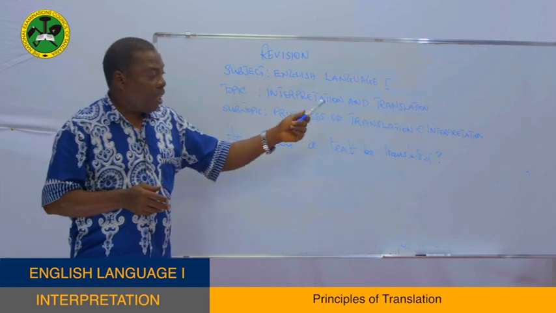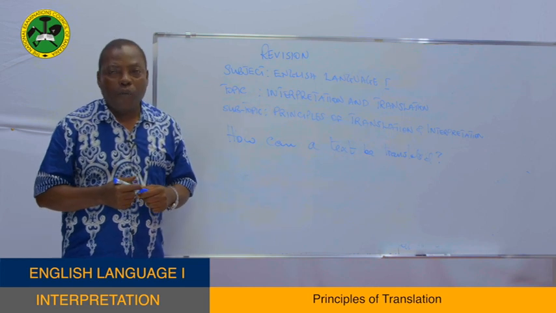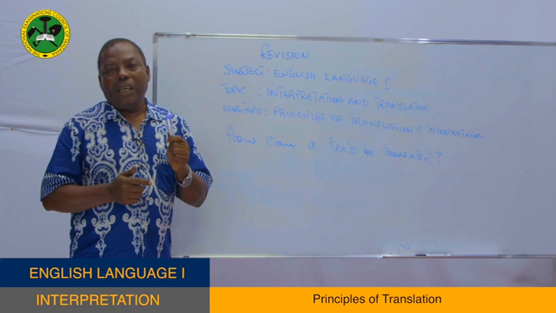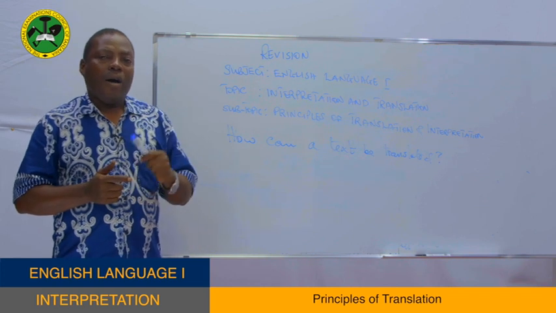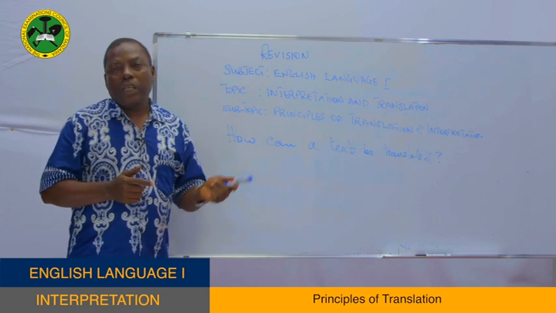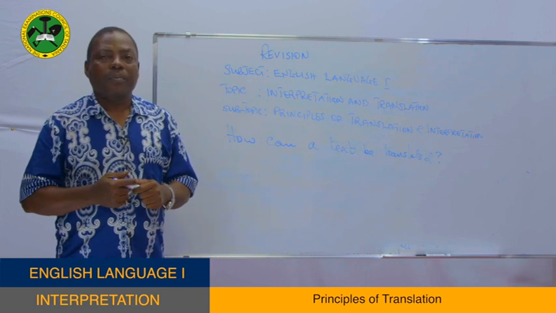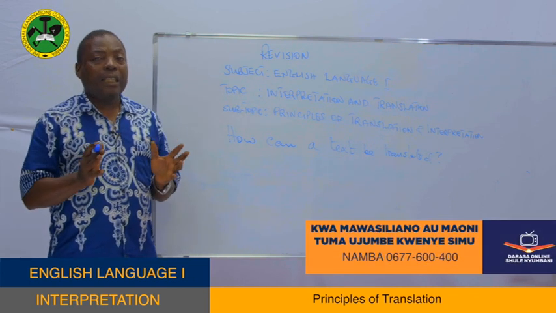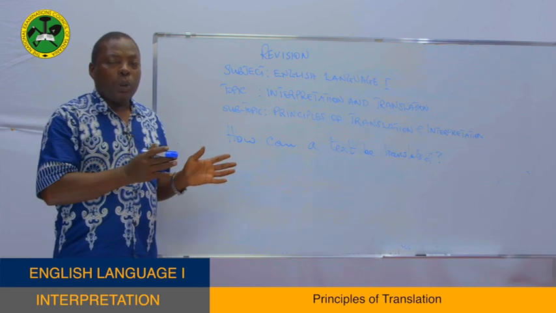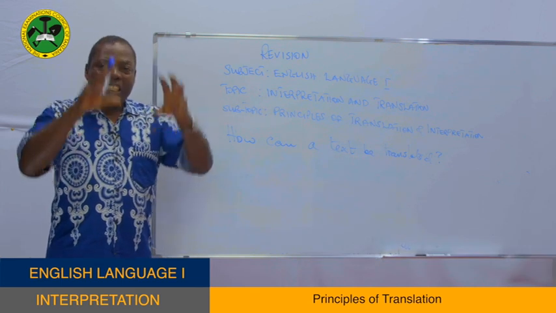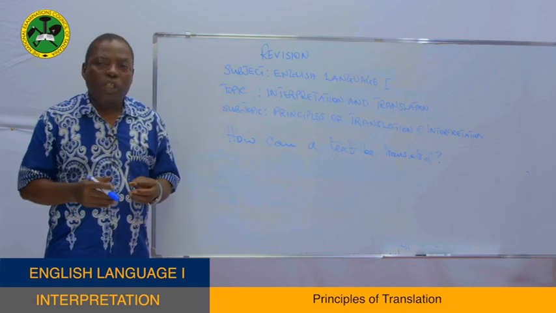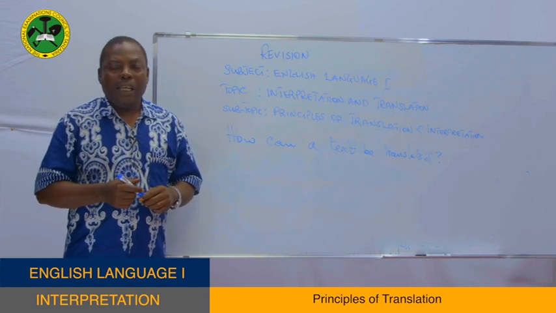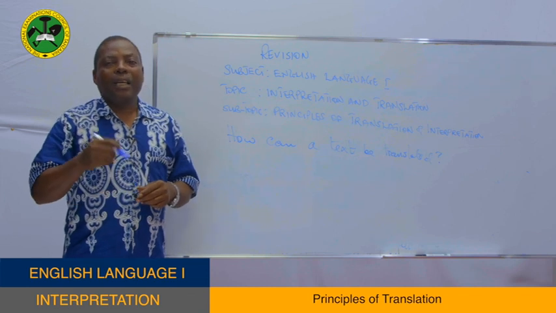And translation has to do with transforming ideas which are written in one language and taking them into another language. So that is the only difference. But basically, the two share the same thing in common, because what the translator does is the same thing that an interpreter does.